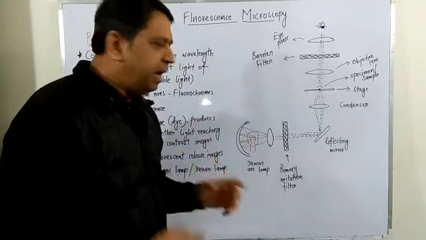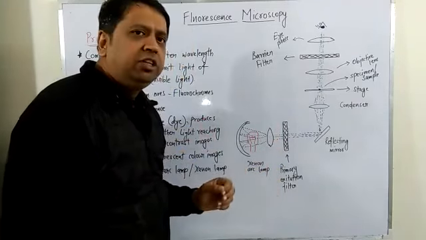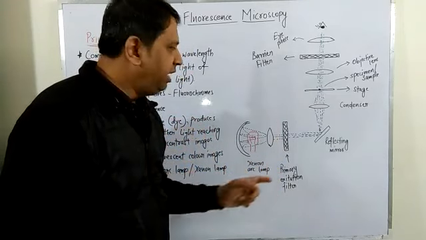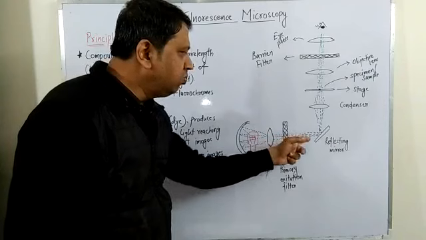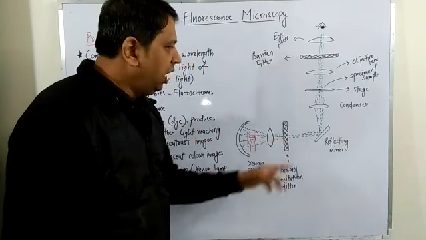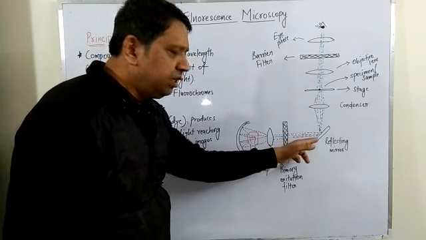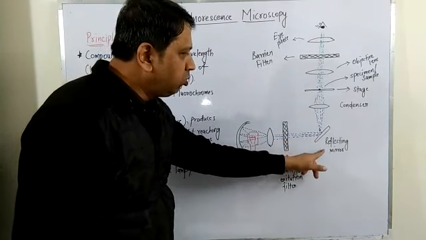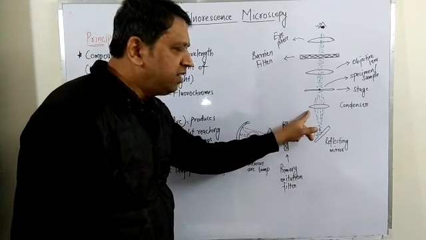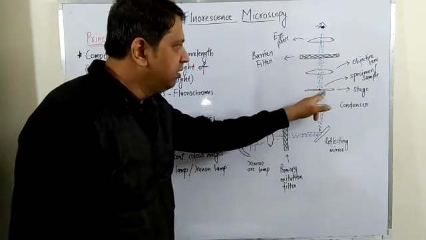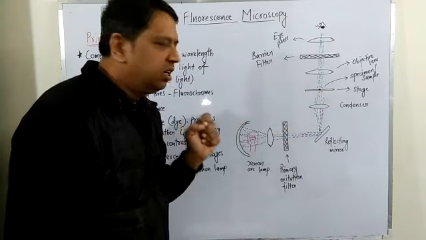The work of the primary excitation filter is to cut all kinds of radiation and allow only blue light to pass. This blue light passes through the reflecting mirror and condenser and is focused onto the specimen, which is placed on the stage.